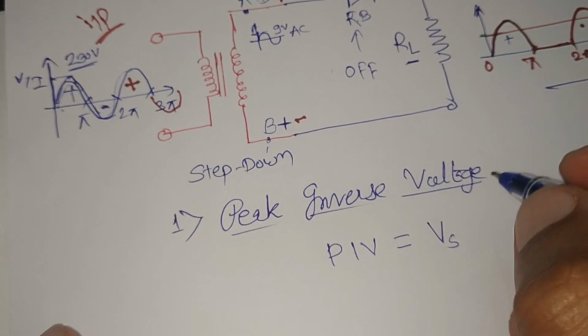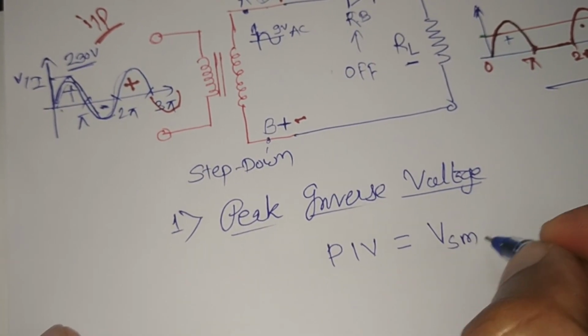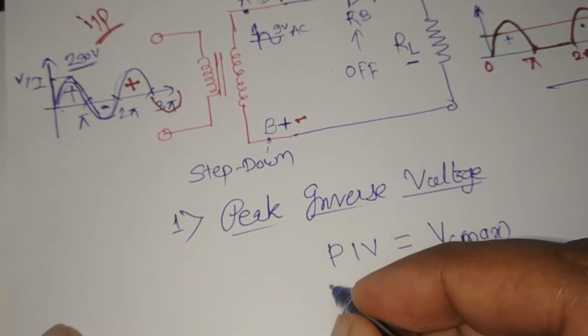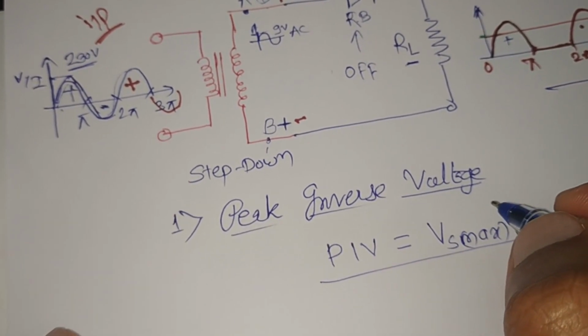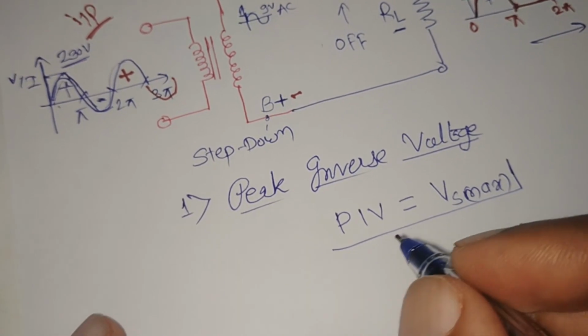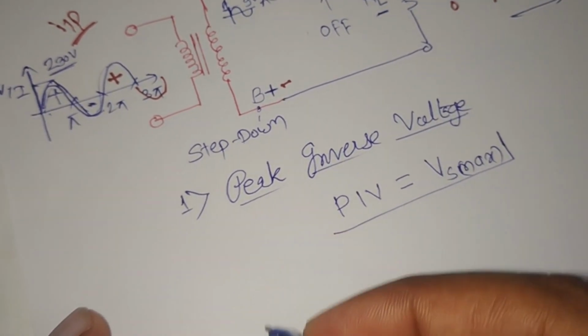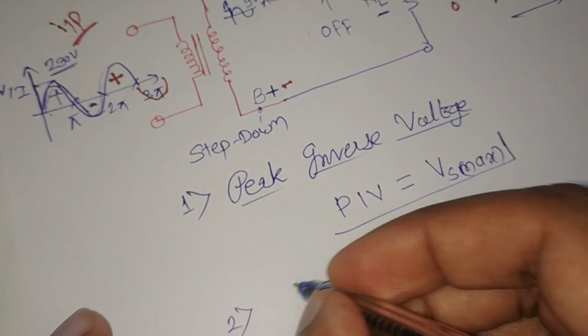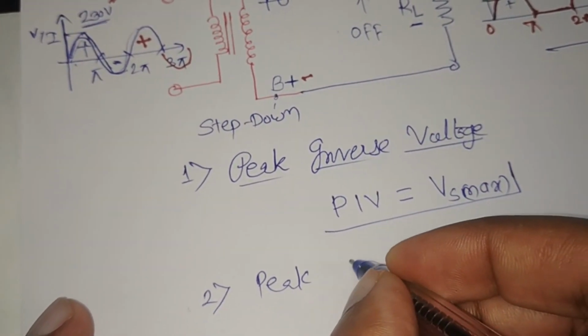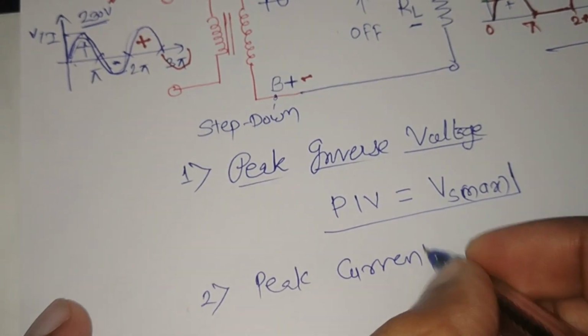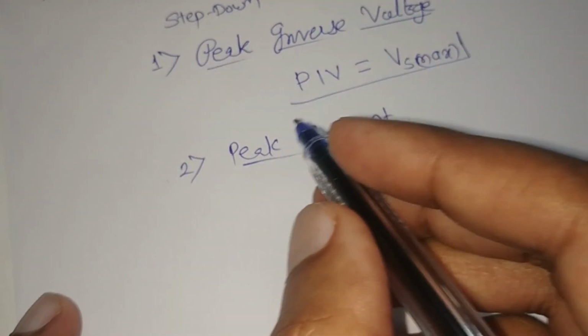It is the maximum supply voltage. Suppose Vs is the supply voltage, its maximum value is given by the peak inverse voltage. Similarly, there will be peak current, another parameter we can define. So what will be the peak current? Peak current will be the maximum value of current. And these are sinusoidal signals.